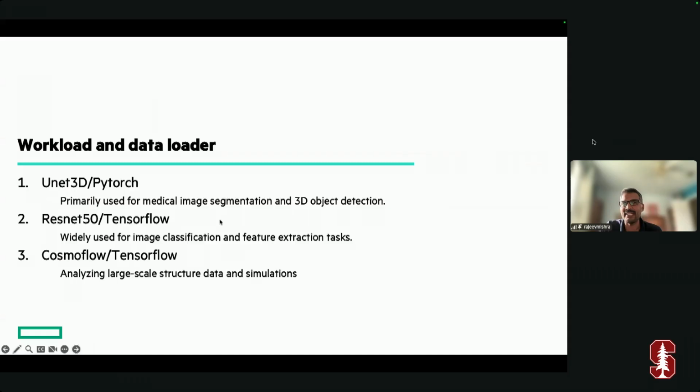Unit 3D is mostly for medical images, where it does segmentation. ResNet 50 classifies images, and CosmoFlow has huge data images, from which it tries to find out the structure.